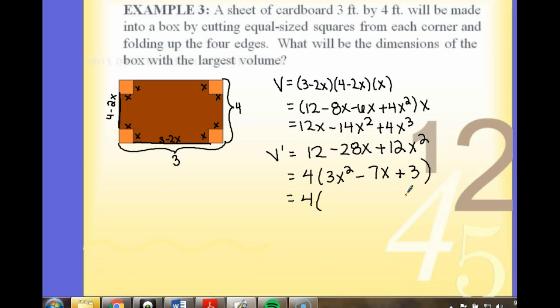Is that factorable? Can't remember. Is it? Fred, what'd you get? X minus 1 and x minus. Negative.